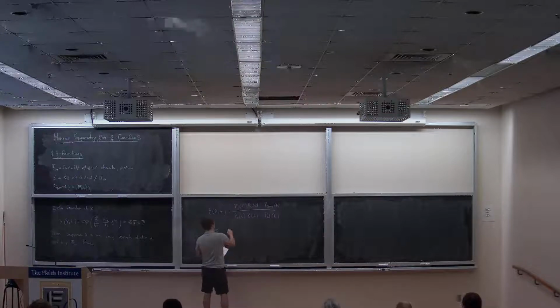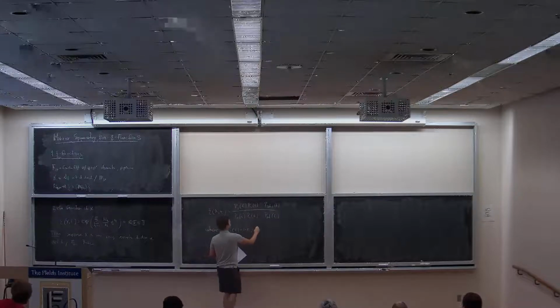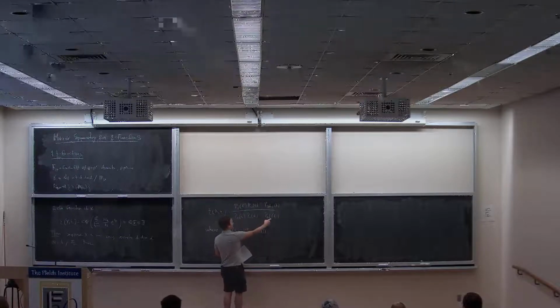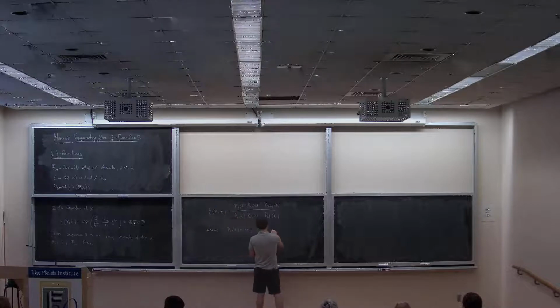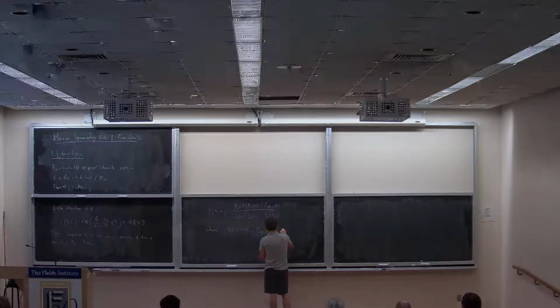P_0(t) is just 1 minus t, and P_{2d}(t), the first guy and the last guy in the denominator, takes the form 1 minus q^d t.